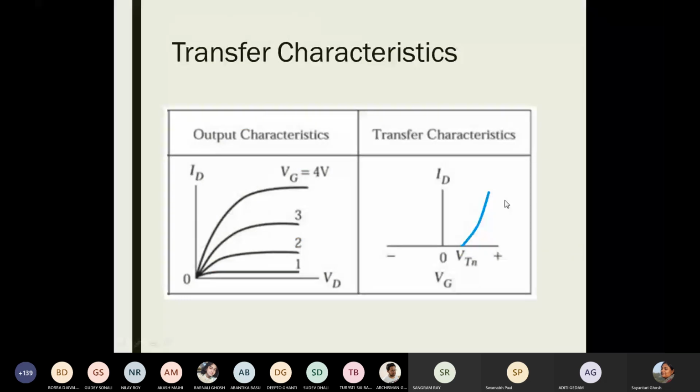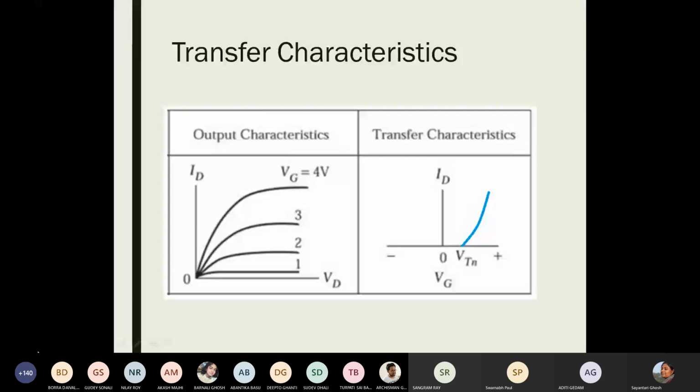The most important part to see here is that the transfer characteristics for this device is going to be in the first quadrant. In case of the n-channel JFET, VGS was negative and ID was positive, so we found the transfer characteristics lying in the second quadrant, a curve like this.